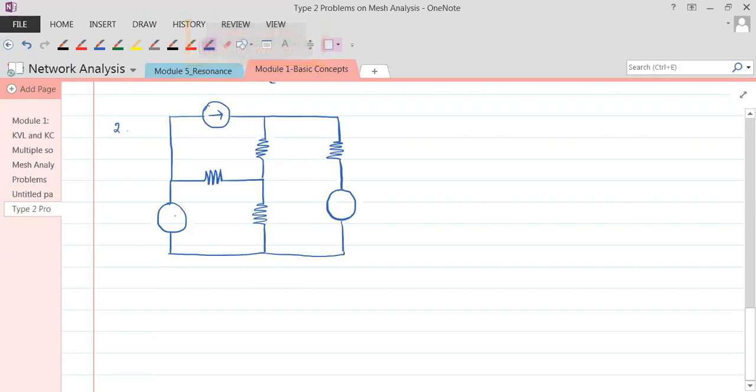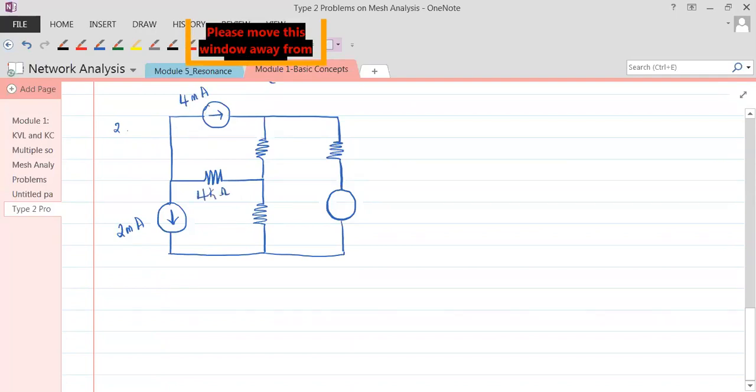So this is what the problem is. So 2 milliamps is this. Fine. 4 milliamps is this. Then this is 4K, 4 kilo ohms, 2 kilo ohms.